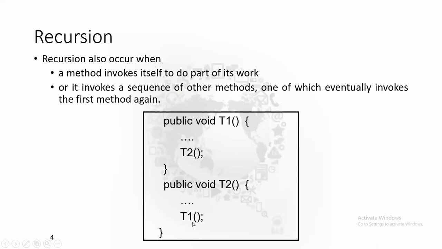So it repeats again, go back to T1 and go back to T2, go back to T1. So this will happen again and again. And you need to have a base case because it's trying to iterate again and again. It might go until infinity, because you have to stop it at a certain limit. That's why you need to have a base case to stop the recursions.